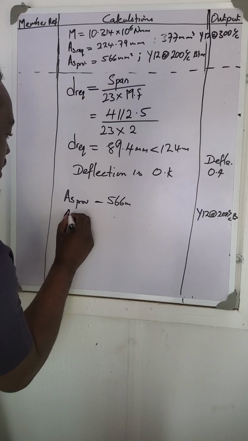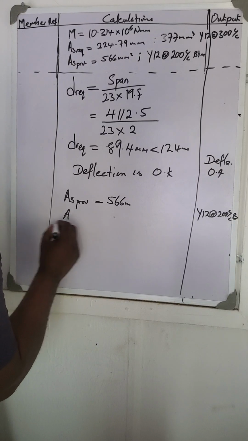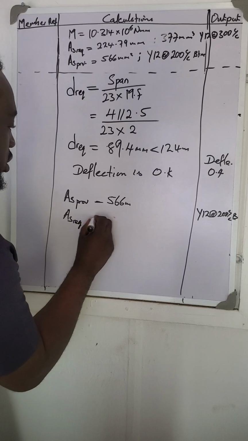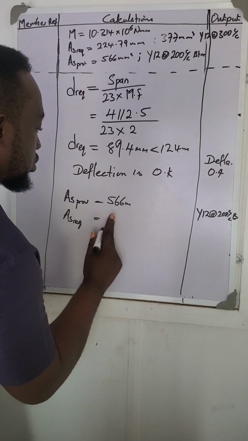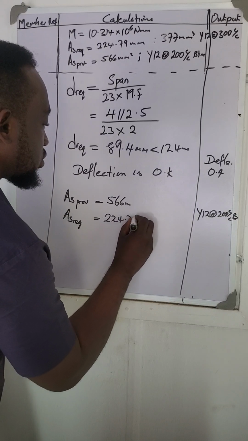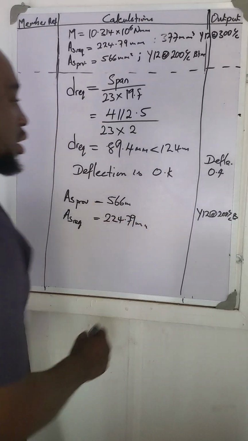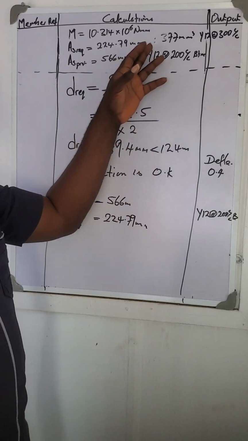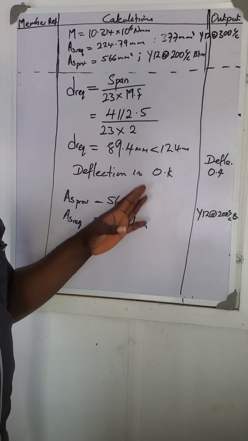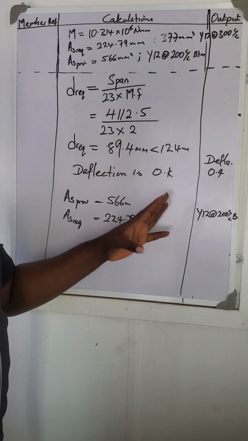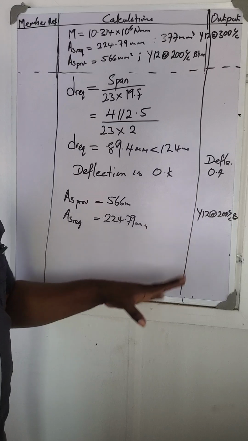Then the As required equals 224.79 millimeters squared. All right. Now, these are the steps you follow when you're analyzing and calculating the reinforcement to be used in your slab, in your beams, and whatnot.